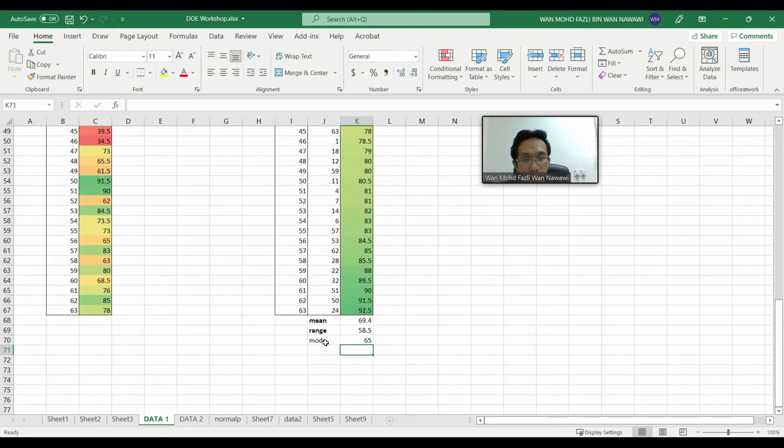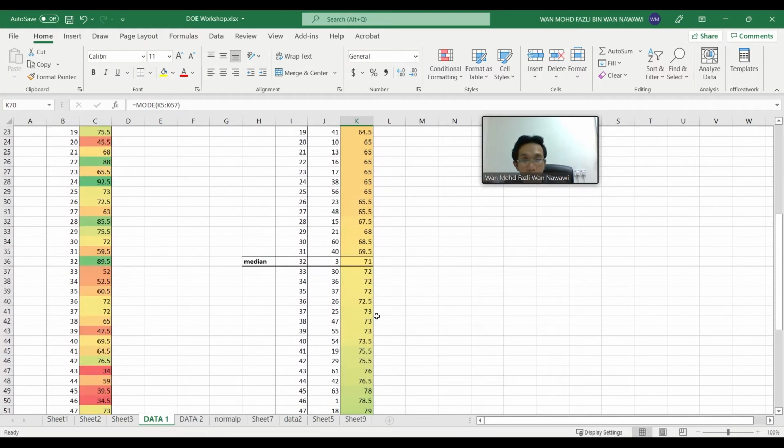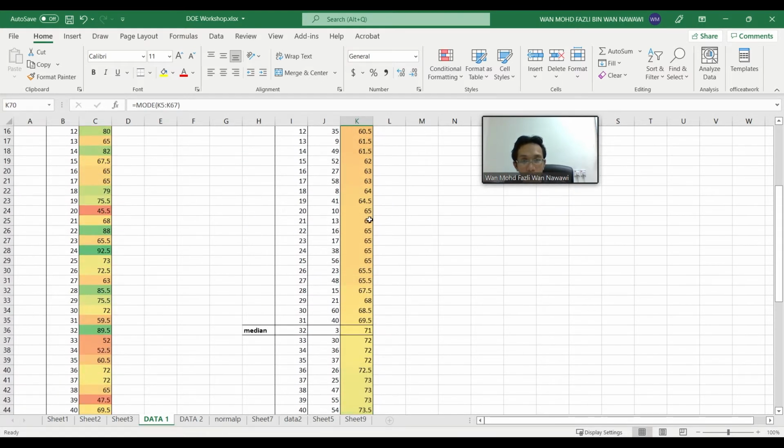So you get the mode, bold it. What does mode mean? It is the data that happens most frequently. So 65. If you see here, you have many 65s: 1, 2, 3, 4, 5, 6. You have six 65s, the most frequent number in the data set.